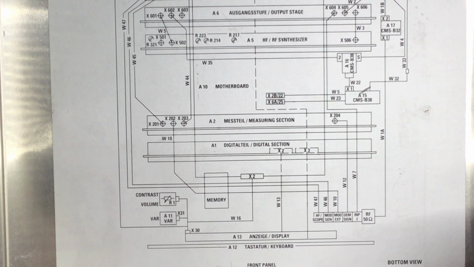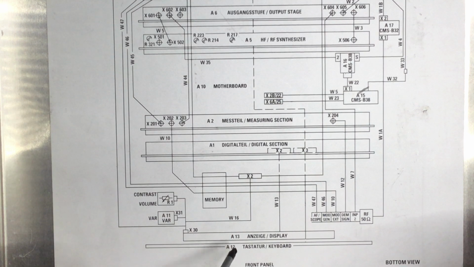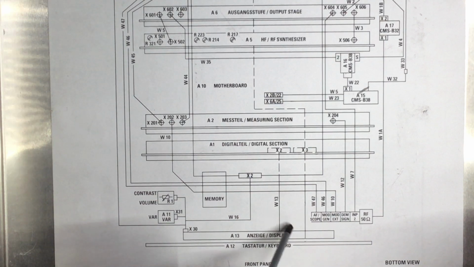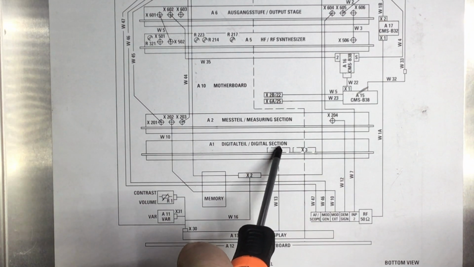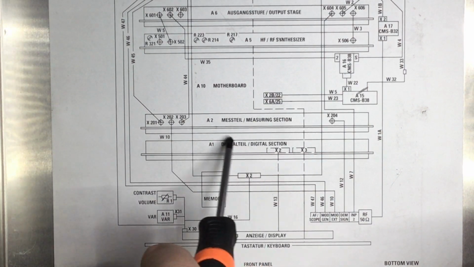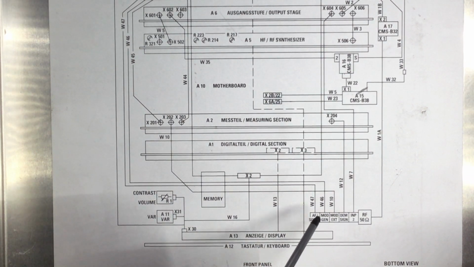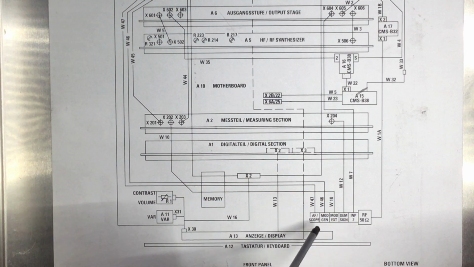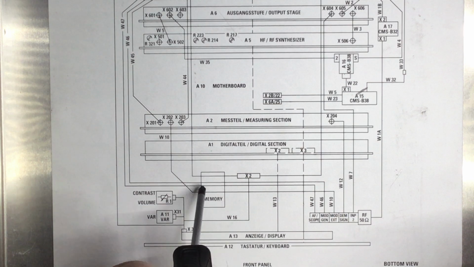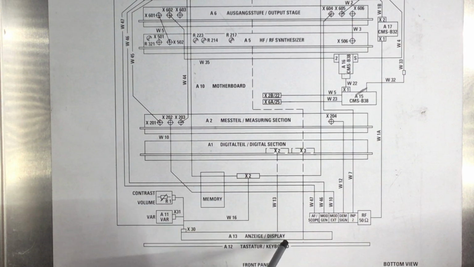Obviously we've got the display here with 2 ribbon cables which connect the display to the digital section, this module here that stands inside. We've got the ports on the front, obviously. I think that's the memory card, which is obviously that slot on the front, and there's the internal reader.